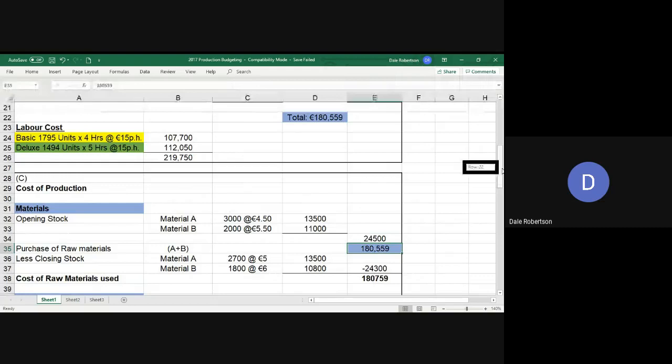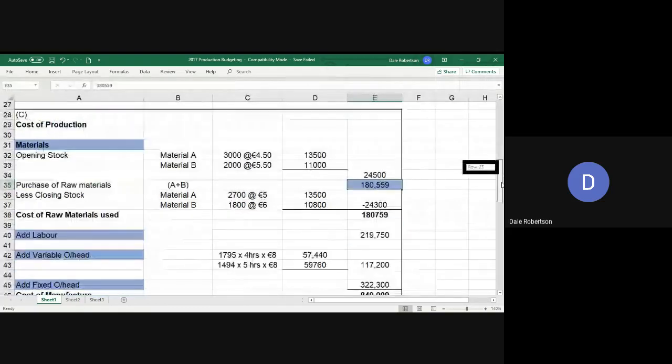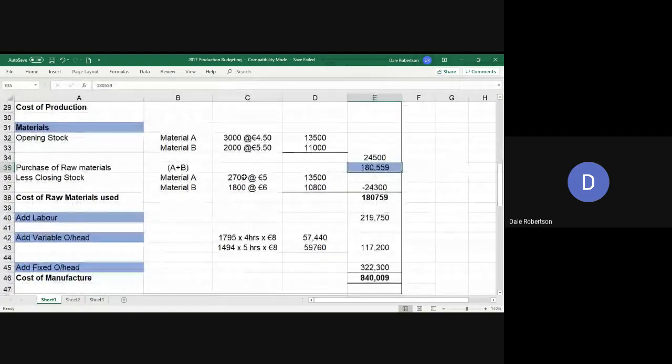And then you're taking away the closing stock. Now, where do you get that closing stock? Well, we know that the figures are 10% less. So that is 3,000, take away 10% is 2,700. And the price during the year, the expected price, I'm referring to the second last box now on the page.